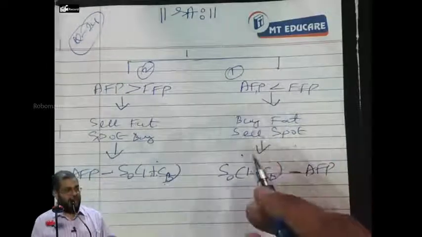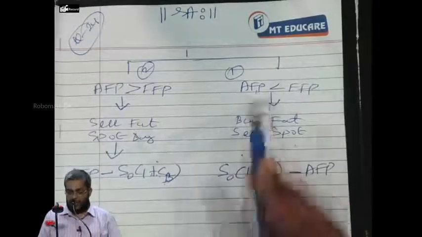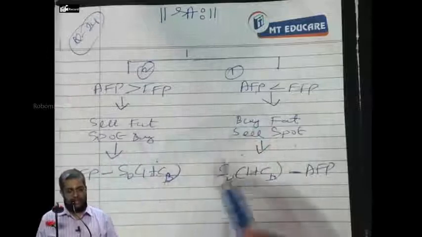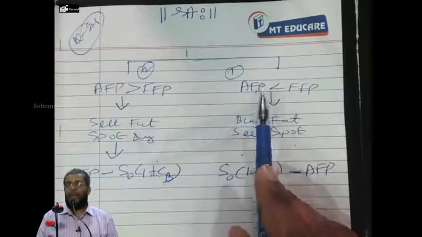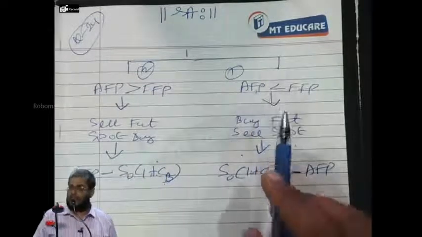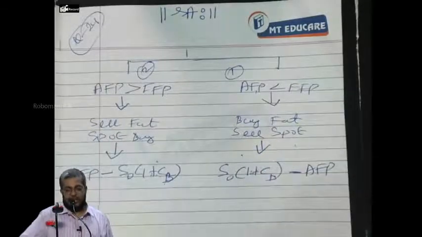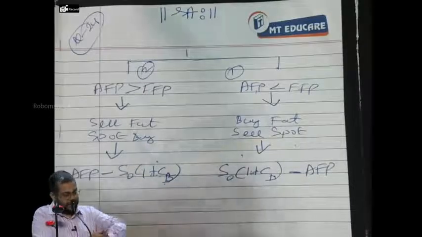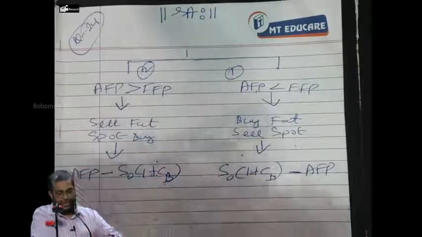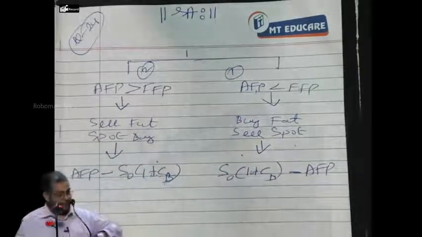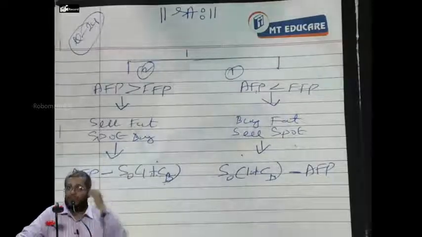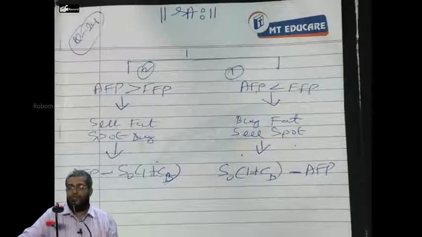I see the first on the left and then go for the right, okay? So I just wrote it oppositely in the sheet. First write this particular part: actual futures price less than fair futures price. What is the second situation? Actual futures price greater than fair futures price.